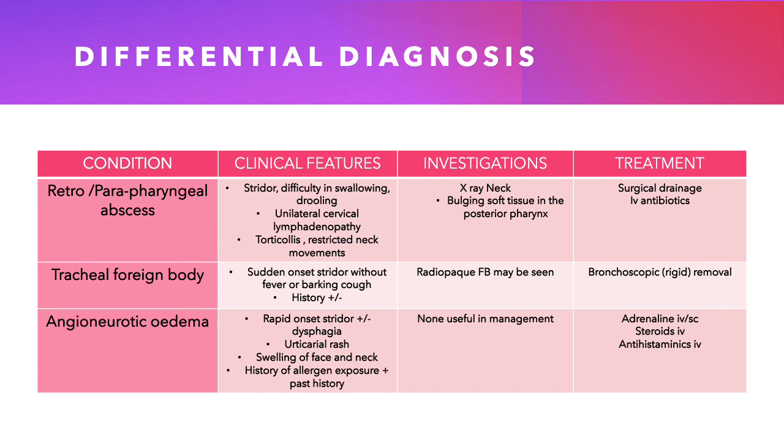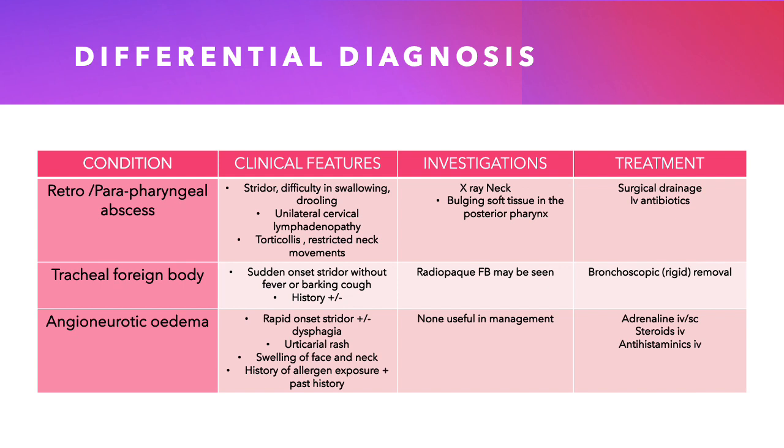Tracheal foreign bodies are also very common in children. It can present as sudden onset stridor without fever and without barking cough. So, these are the differentiating features between tracheal foreign bodies and croup. A sudden onset stridor without fever or barking cough should alarm you to think of any foreign body in trachea.